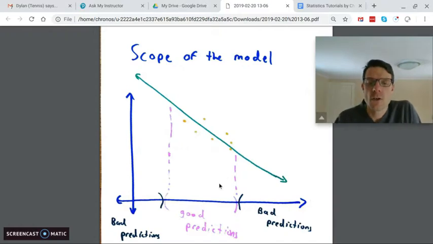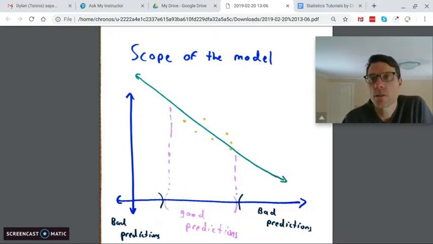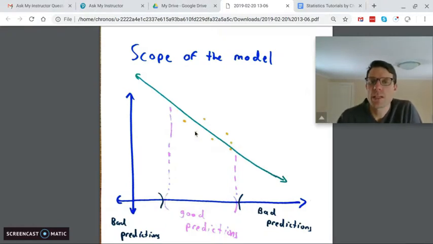Okay. But there's an additional thing called the scope of the model, where the regression line gives you good predictions around where the data points are. So for these values right here, the regression line is going to give you a pretty good prediction about what the y value should be. If you plug in any of these x values, it should give us a pretty intelligent guess about what the y value would be, because we have data points here.